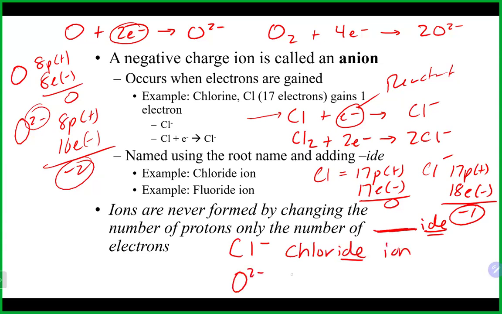And O2-, instead of oxygen, we drop a little bit more than the last few letters, but that becomes the oxide ion. So anything with a negative charge that's a nonmetal from the periodic table will get IDE at the end of its name. Just like with the cation, if you're going to write the formula for Cl-, that's an ion, you do need to include the charges to indicate that it is an ion. Any questions on that there?